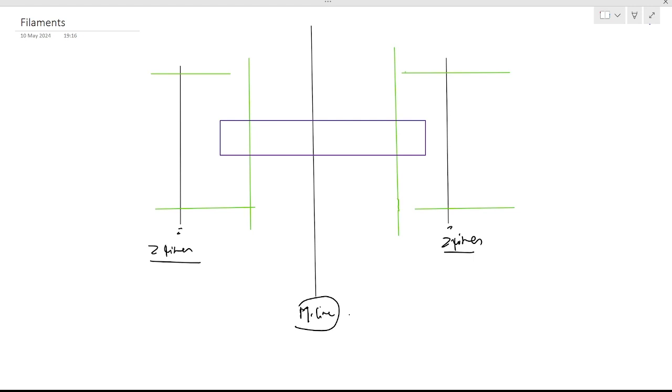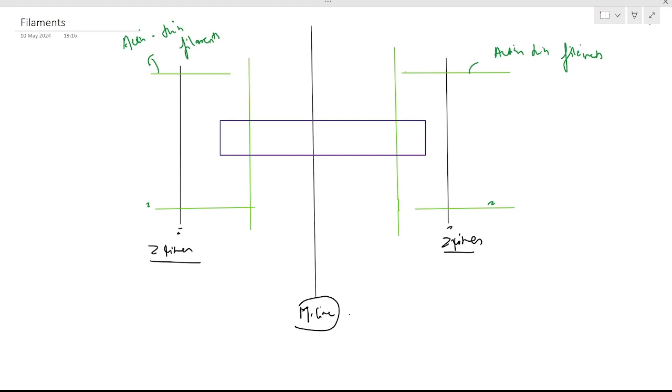Now these green filaments are actin filaments. These are thin filaments, actin or thin filaments. Same goes for here, actin, thin filaments.